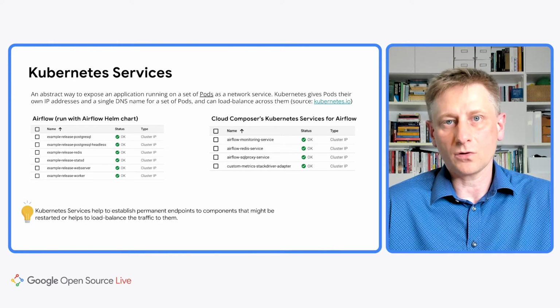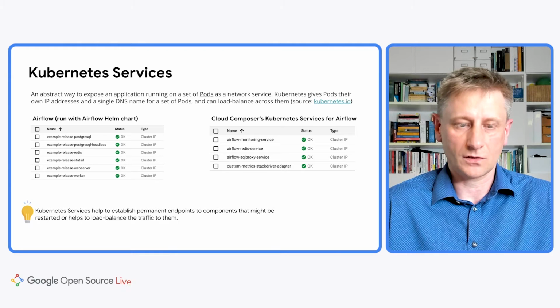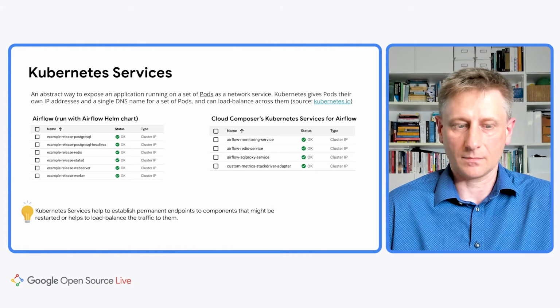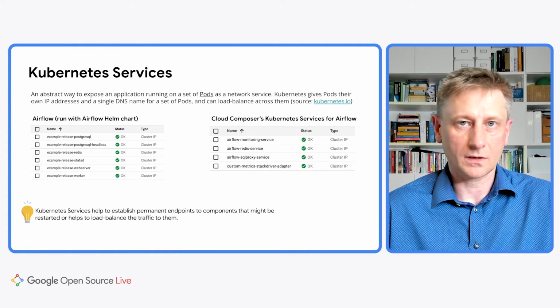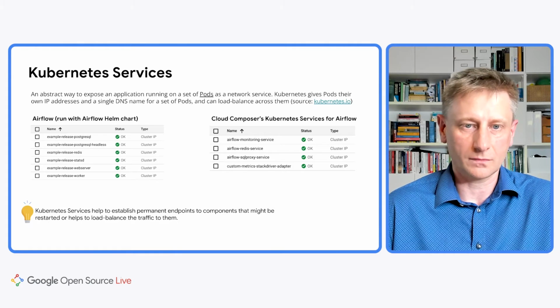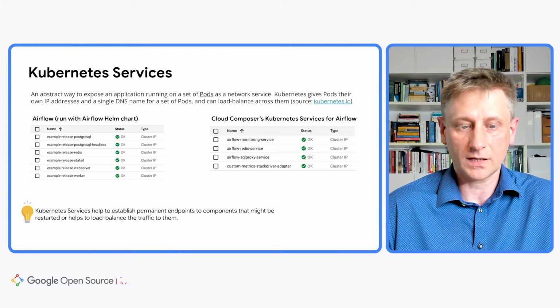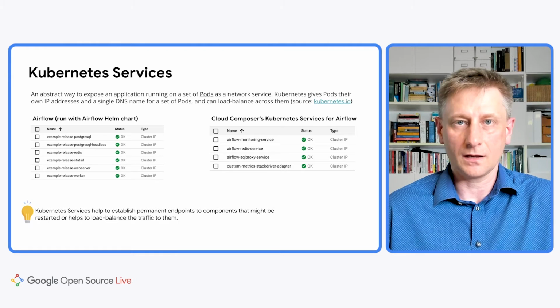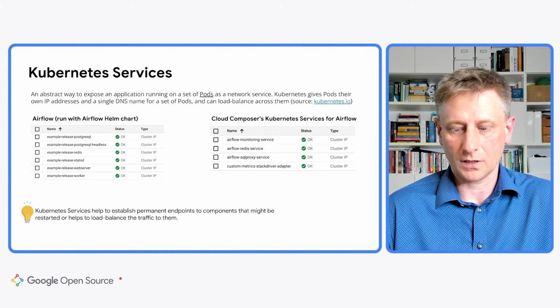In this way, you are going to increase the capacity of your system. So one important highlight is that Kubernetes services give you a permanent endpoint to the components of the Airflow environment.